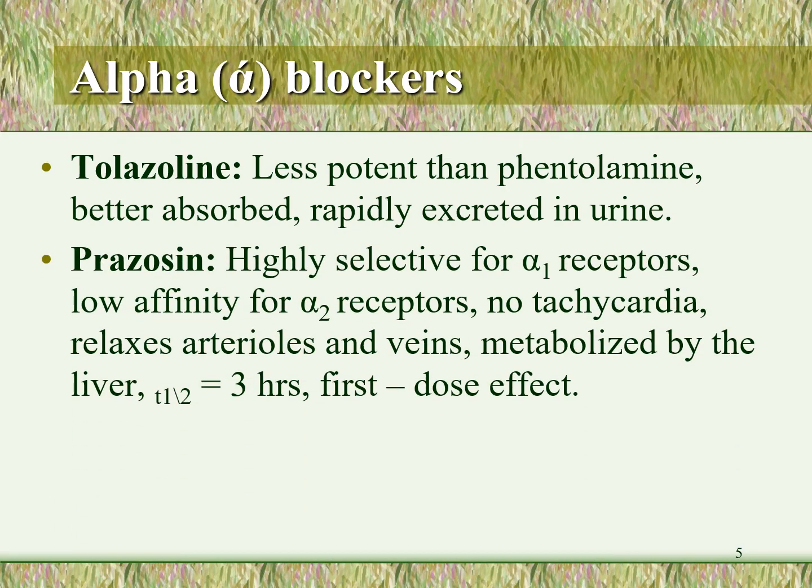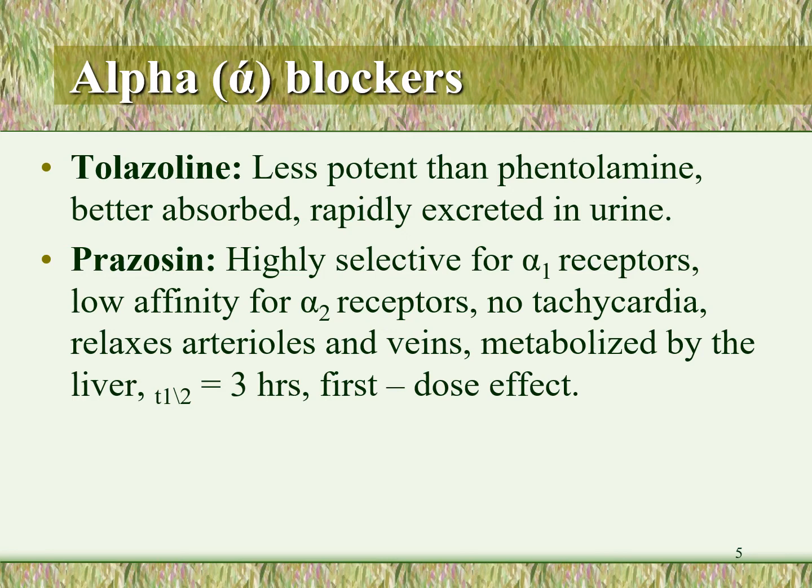We also have prazosin. Prazosin is highly selective for the alpha 1 receptor. It has a low tendency to bind to the alpha 2 receptor. It cannot produce reflex tachycardia. Prazosin relaxes arterioles and veins.